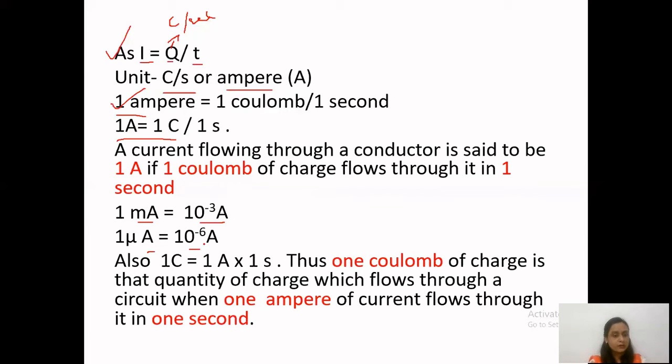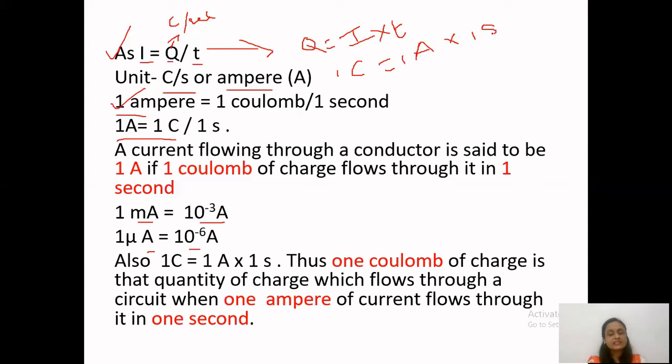Now, here we can also define 1 coulomb. As we have seen, I is equal to Q by T, right? So from here we can calculate Q, that is equal to I into T, right? If I take these values as unit, 1 coulomb is equal to 1 ampere into 1 second, right?